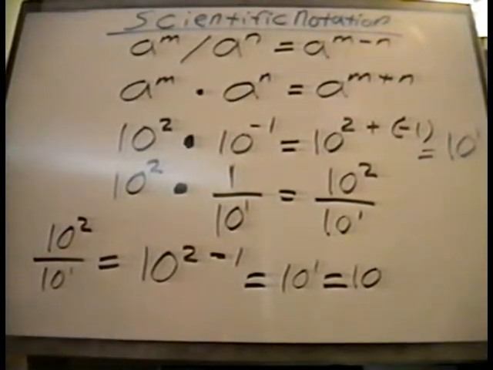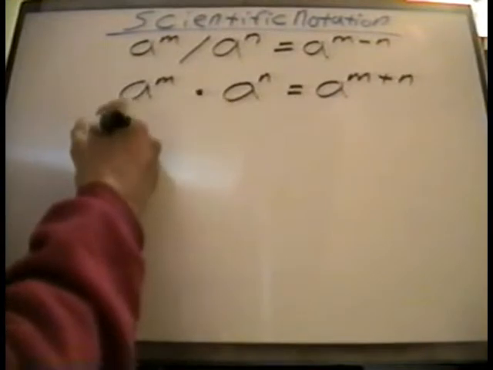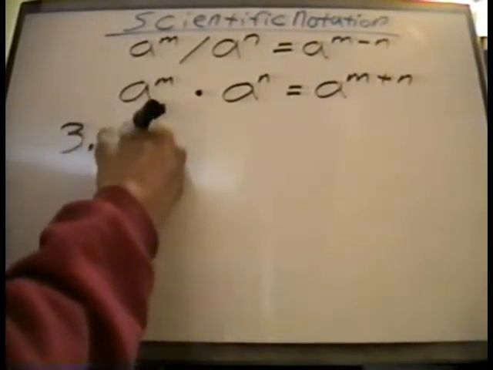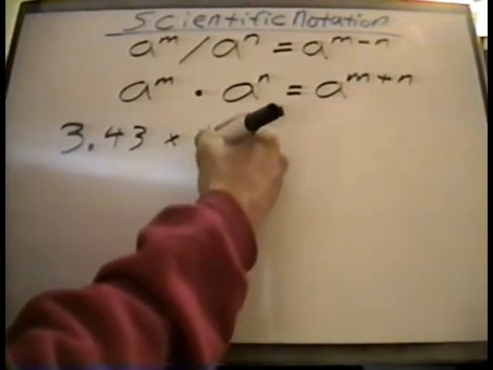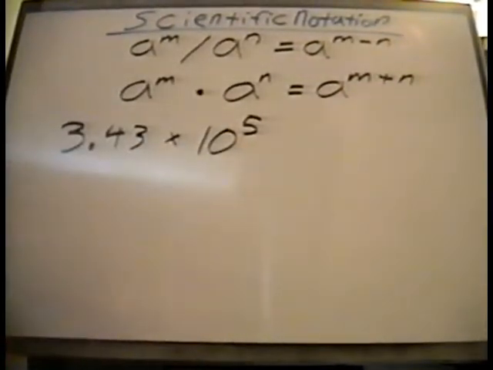Now, let's say you're given 3.43 times 10 to the power of 5, and we want to divide it.